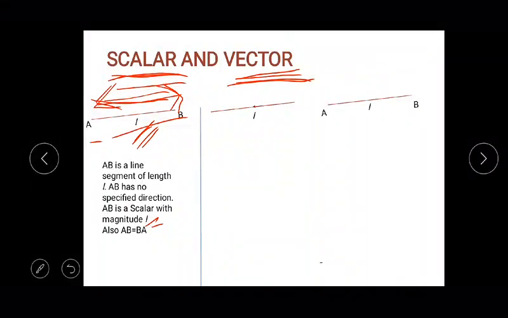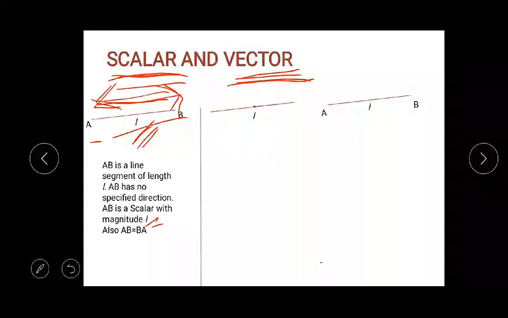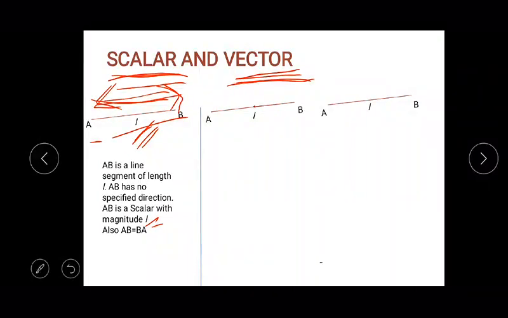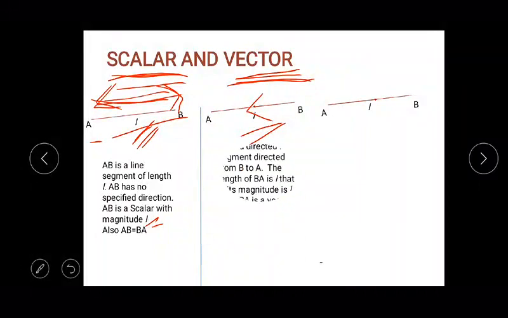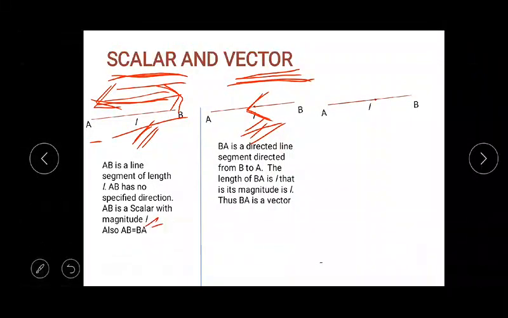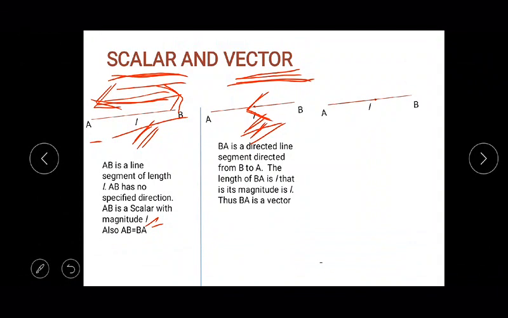Now if I take another line segment, BA, which is directed from B to A, and its length is L. The magnitude is L, but as it is directed, it becomes a vector quantity.